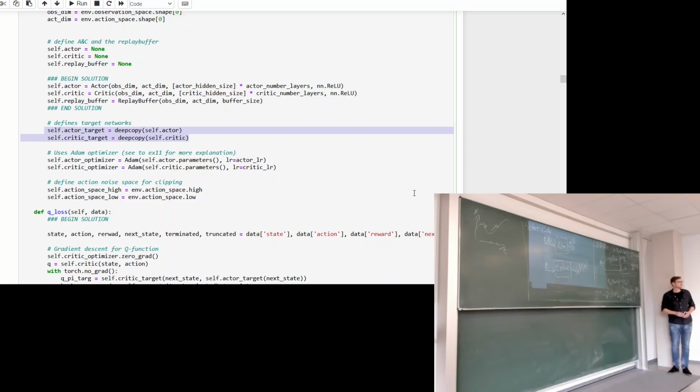Another question? Yeah, why two sets of targets there, if we're only applying this to the actor? Sorry, no, we have it for both. We have one for the critic and one for the actor, because both of them play a role in calculating this right-hand side here, right?